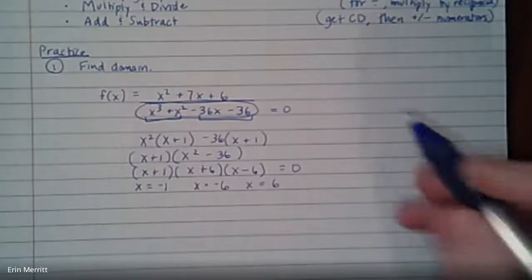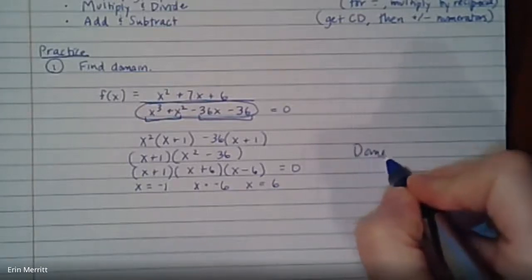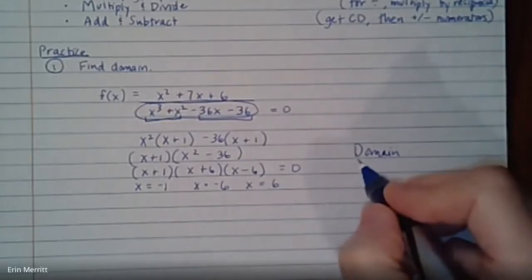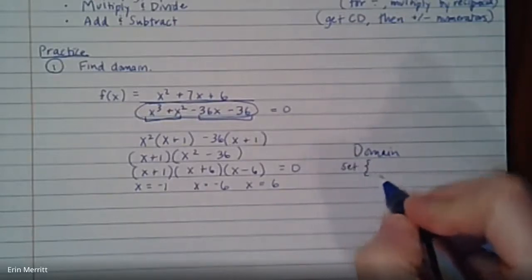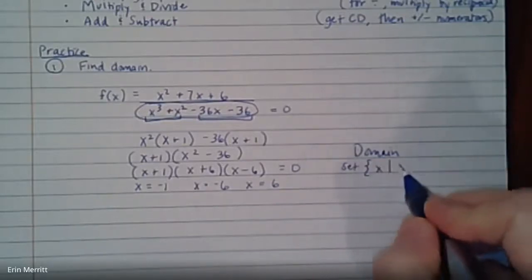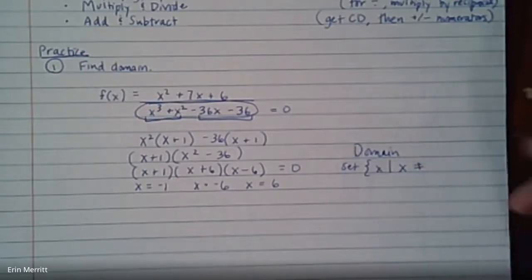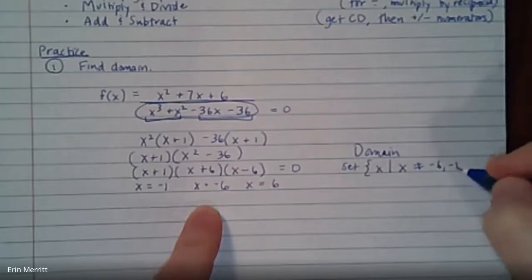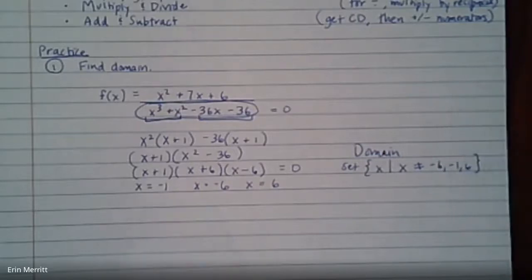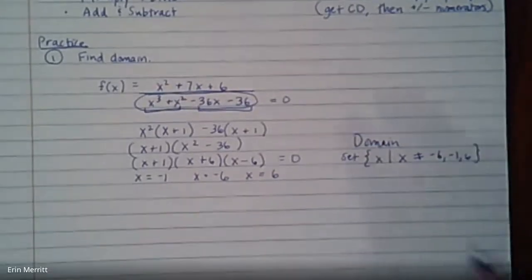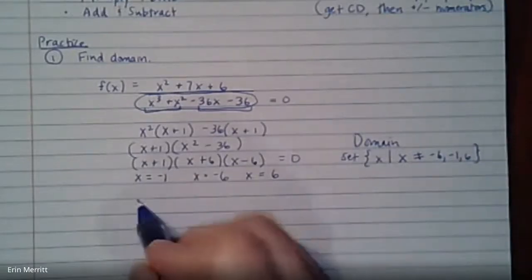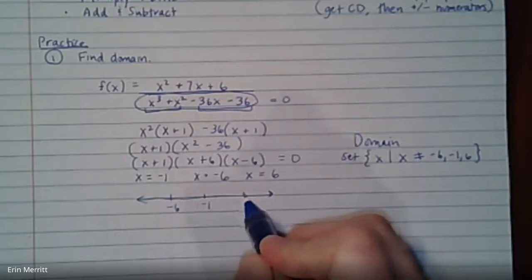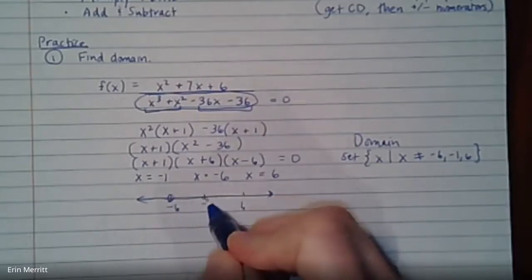Because it says domain, we want to know what values we're allowed to have, not the ones we're not allowed to have. So in set notation, this would be x such that x can't be, it can be anything but these, basically: negative 6, negative 1, and 6. If this was interval notation, I would strongly suggest put these on a number line. So negative 6, negative 1, 6, because they have to go in order.